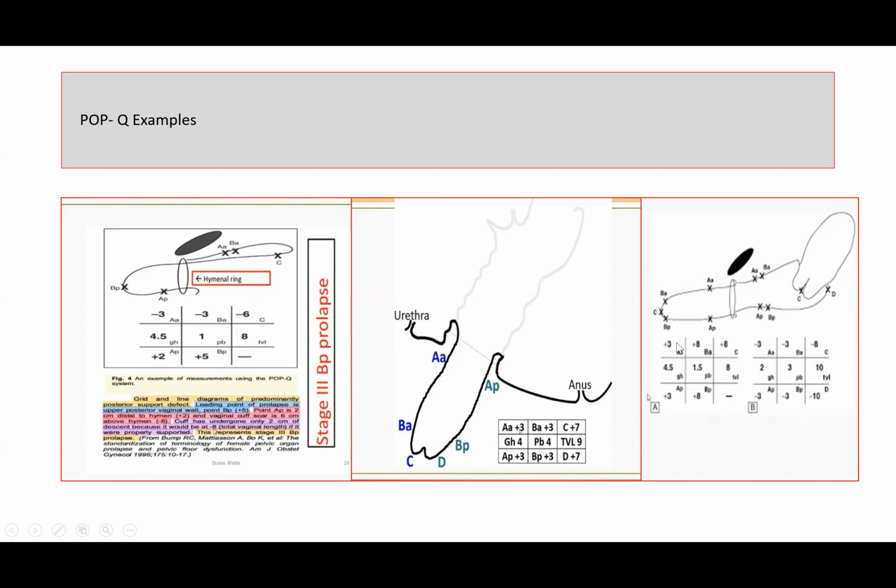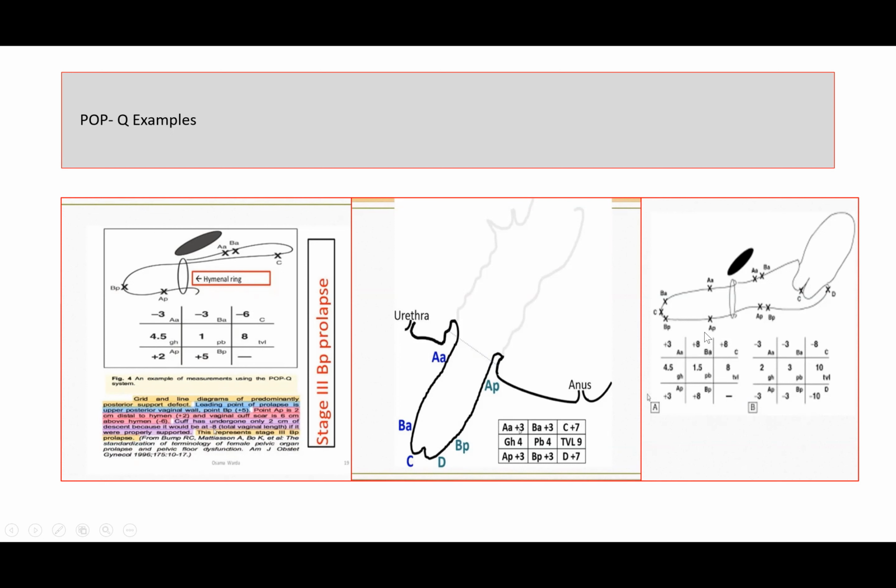If the values are plus 3 and plus 8, plus 3 is lesser than plus 8, so most likely it's going to be stage 3 prolapse. Stage 3 prolapse is more than plus 1 and less than TVL minus 2. So 8 minus 2 is 6, so it is less than 6. So it is stage 3 prolapse.